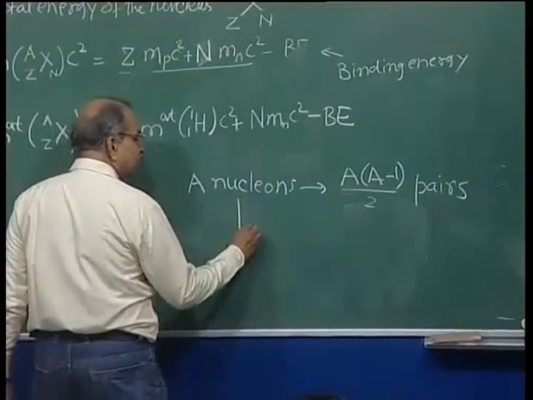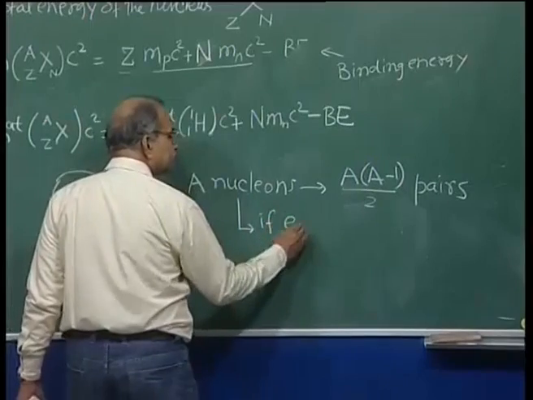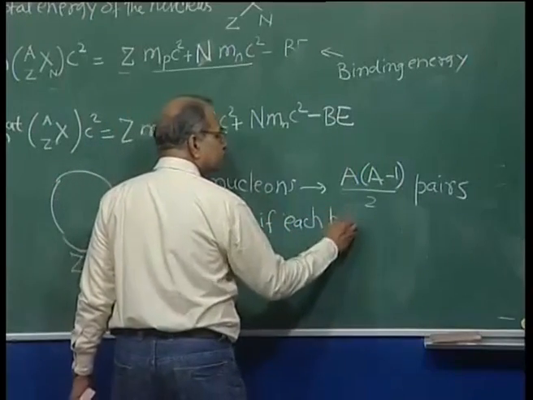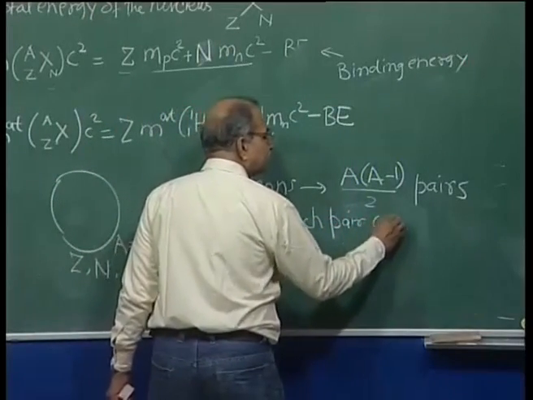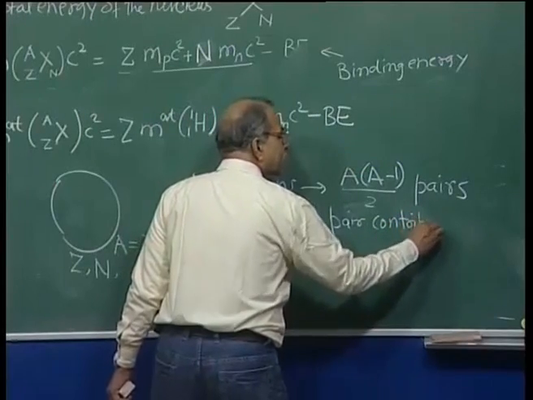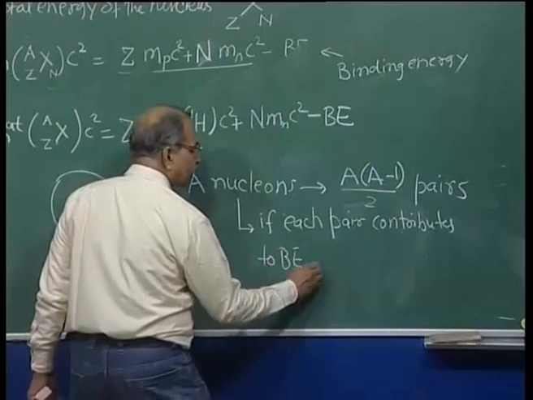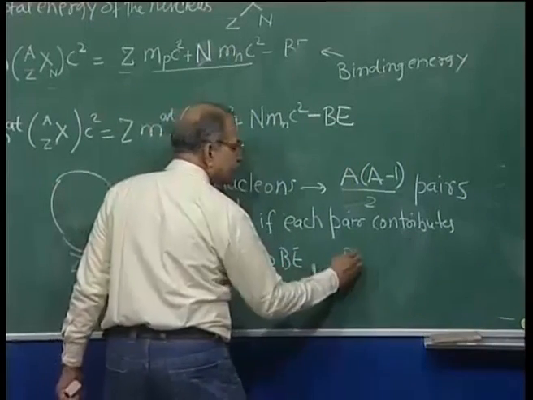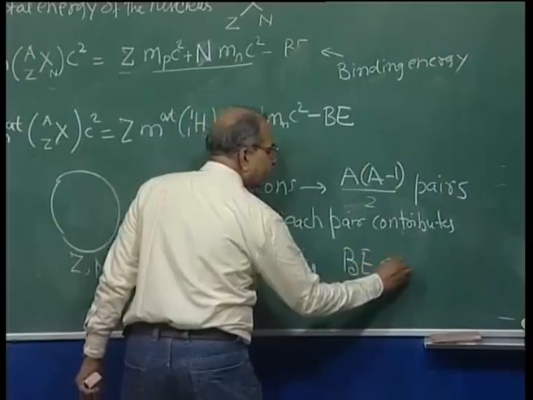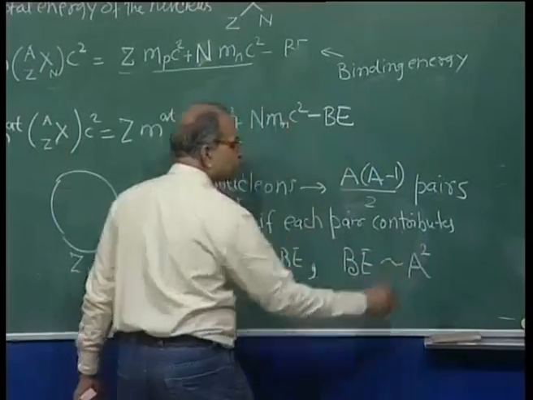So, if each pair contributes to binding energy, then I should have binding energy roughly proportional to A squared.